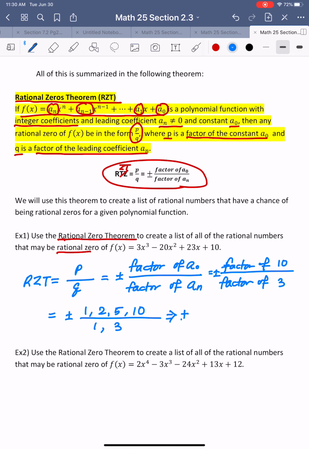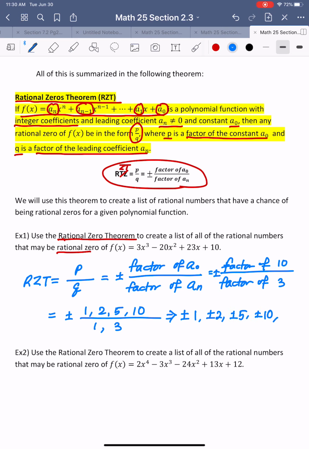So plus minus, and then take 1 over 1, which is 1. And then take 2 over 1, so 2. Now take the next number 5. 5 over 1, 5. 10 over 1, 10.